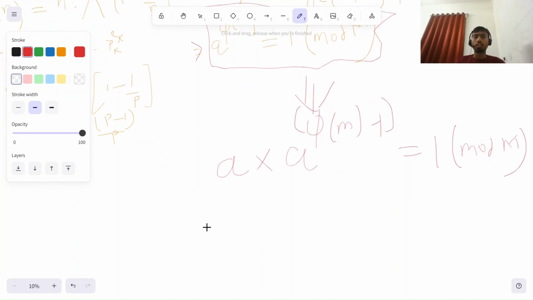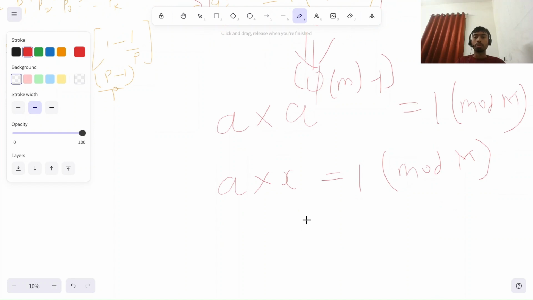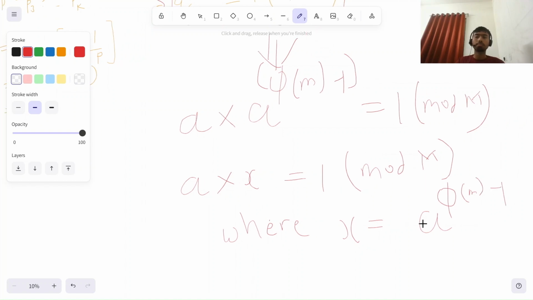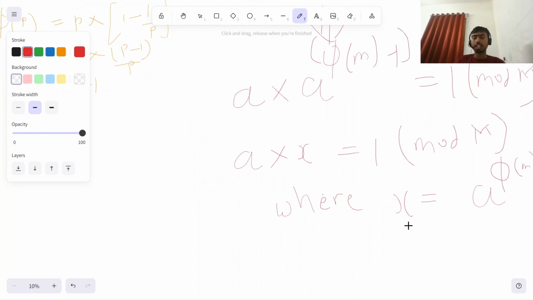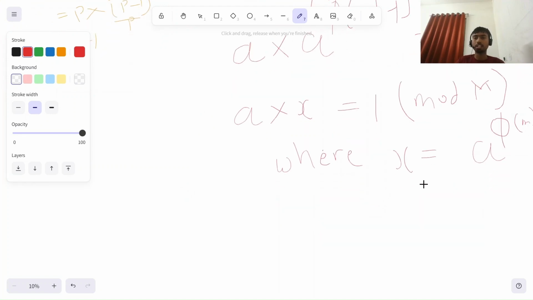Now we can say a multiplied by x is equal to 1 modulo m, where x is equal to a to the power phi of m minus 1. And what is this x? x is nothing but the modulo inverse of a modulo m, and that is your answer.